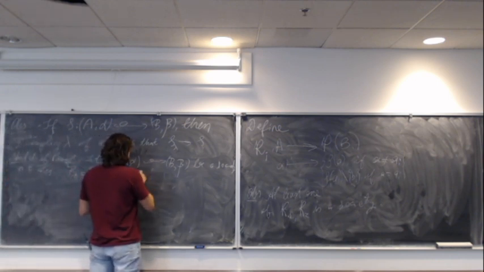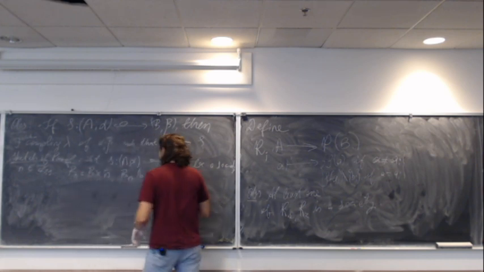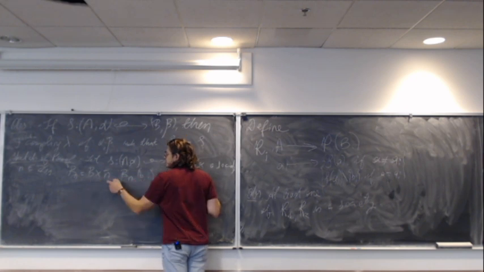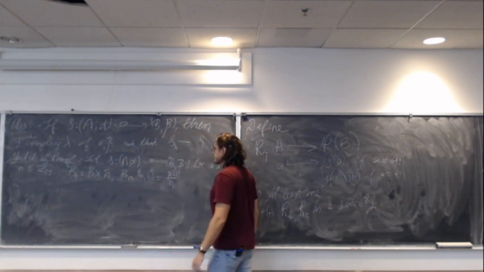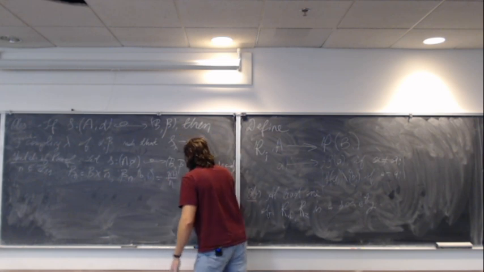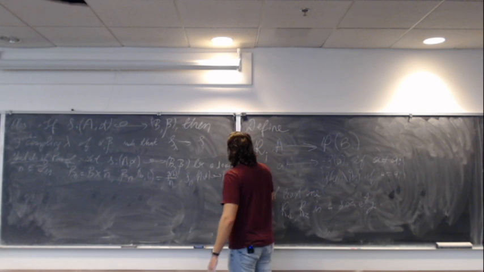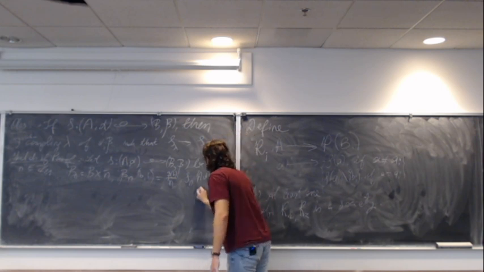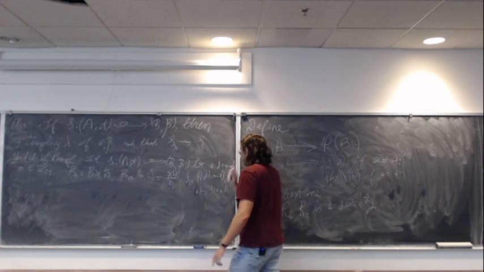Beta sub n is going to be a probability measure on the set. I'm just going to define it to be beta in the first one and uniform measure in the second one. I'm just going to take the product measure here. So beta of B divided by n. And I'm going to have S sub n from A alpha to B_n beta_n, take A to the product of S of A times the whole second component.